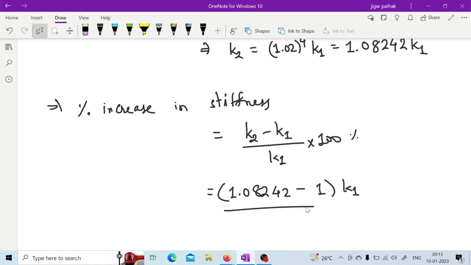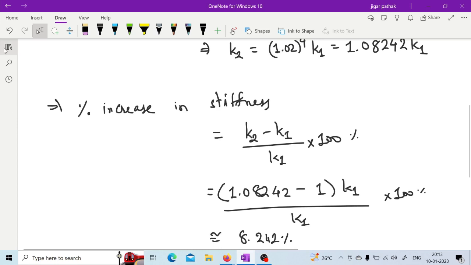Taking K1 as common, it is 1.08242 minus 1, so it is 8.242 percent, almost. Okay, so everyone is getting the same? Yes, sir. Okay.